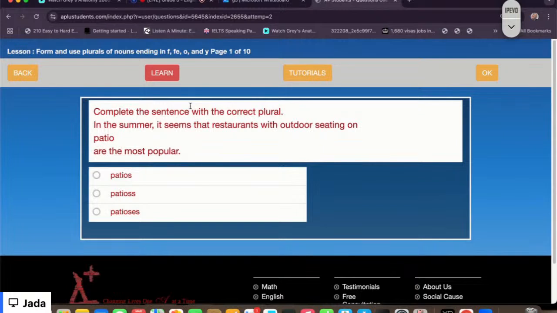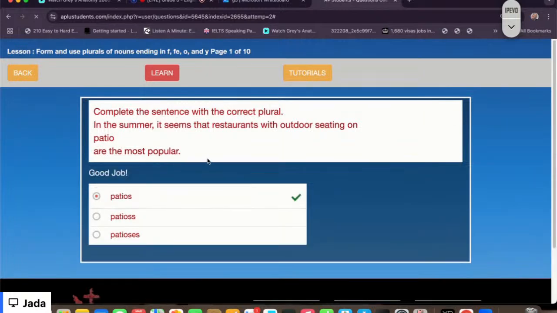S or ES for the patio? What do you think? All right, so just S because it ends with O. Okay.